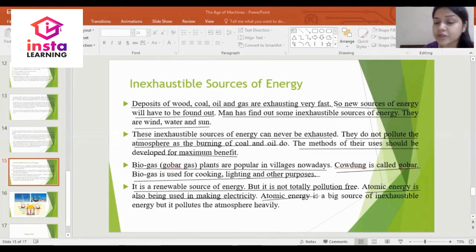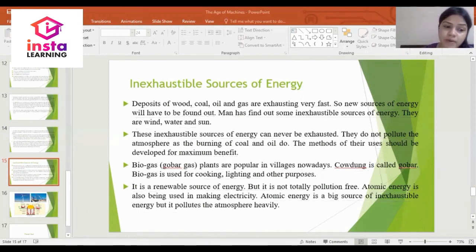So atomic energy is a big source of inexhaustible energy, but it pollutes the atmosphere very heavily. So atomic energy is an example of inexhaustible energy, but the pollution it spreads is very high. So this is all about inexhaustible energy.